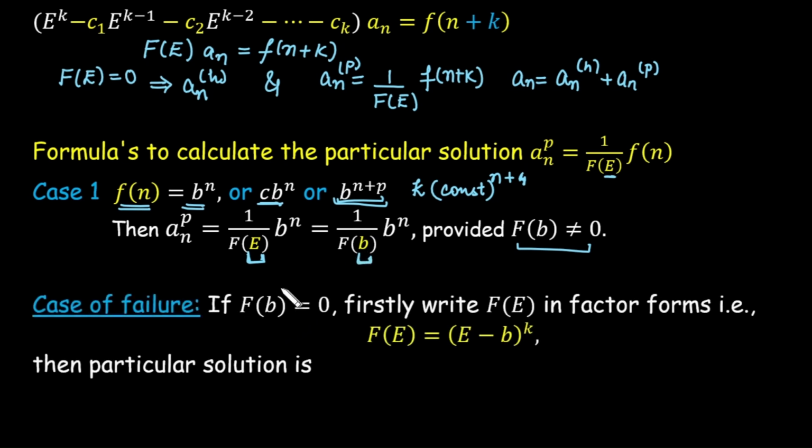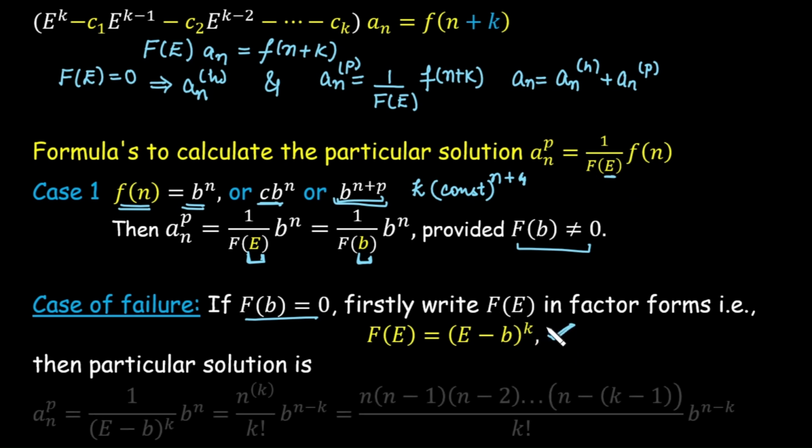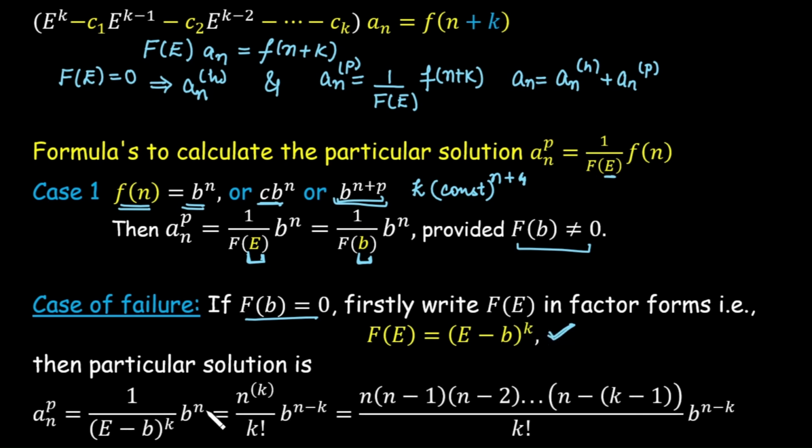And if it is a case of failure, meaning F of b is equal to 0, then firstly we write this polynomial in factor form. If we get it in this factor form, the particular solution is evaluated as n raised to power k factorial polynomial divided by k factorial. Now we are adding something here, so from the power we subtract that index.